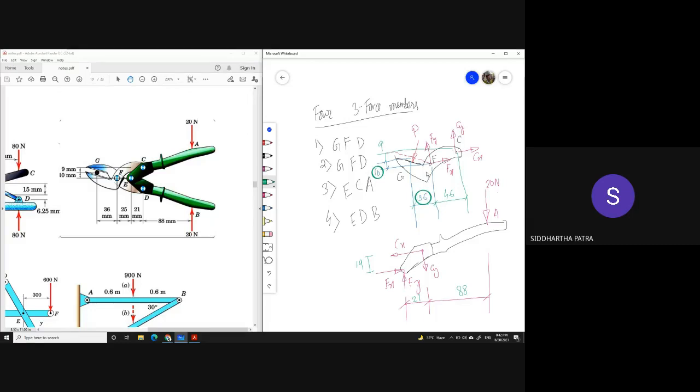Because G is at that height from F, and this plane of the shank of the cutter is actually parallel to the line GF, and force P would be normal to that shank. So in a way that would be normal to the line GF. So once you know the direction of GF, you can get the direction of P. So that's why P is a single unknown.